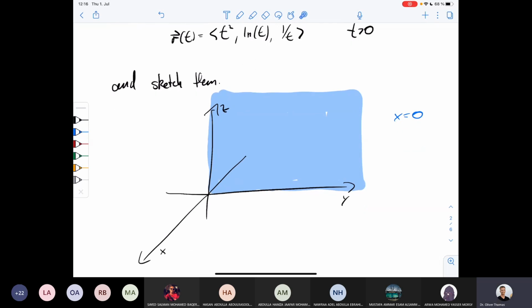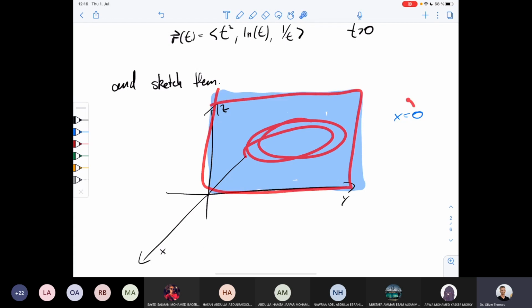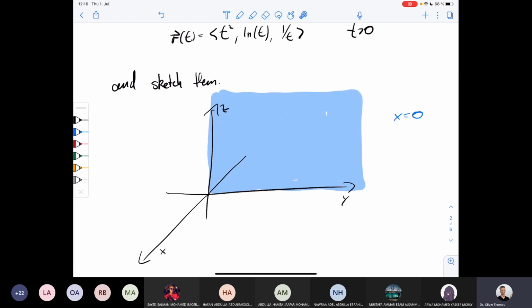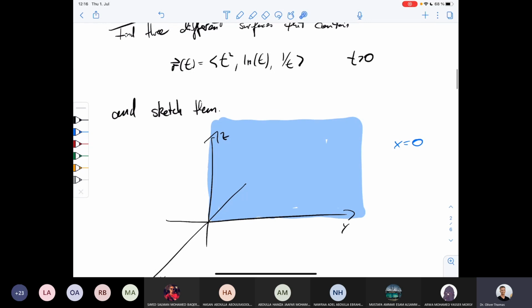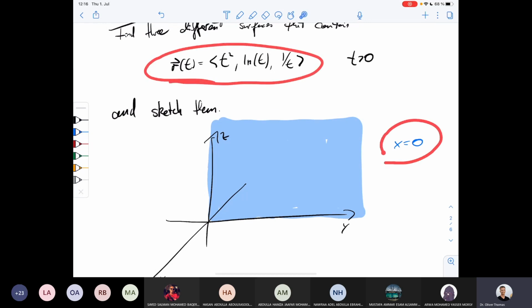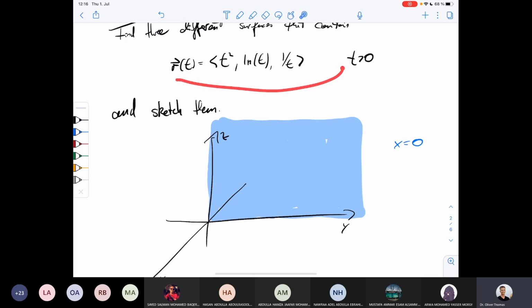So we have a point that is somewhere over here, which is not contained anymore in our plane where x is equal to 0. We might have, of course, an intersection between this curve and this plane, but the curve is in this case not going to be contained in this plane, right? The curve, I don't know, looks something, actually I have no idea what it looks like, and I'm scared to try to sketch it.